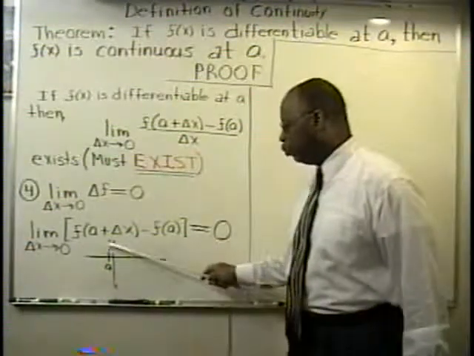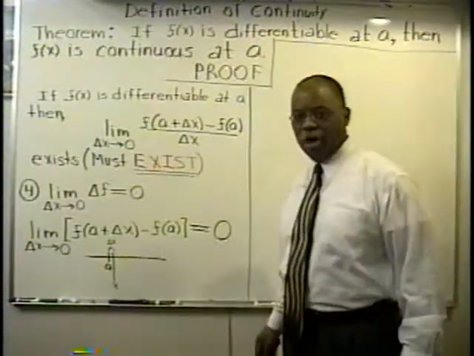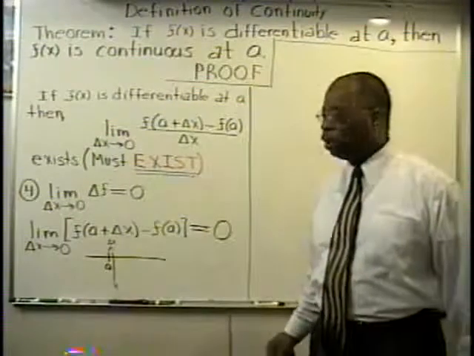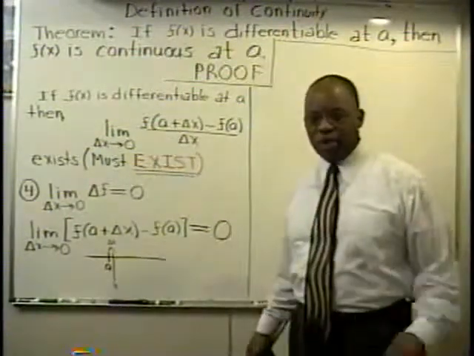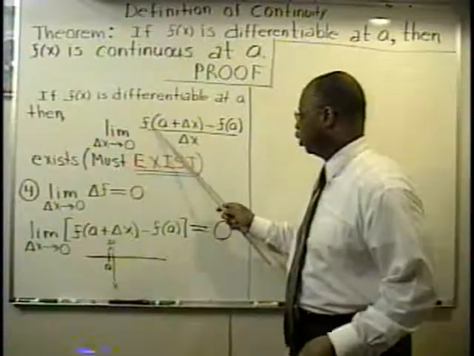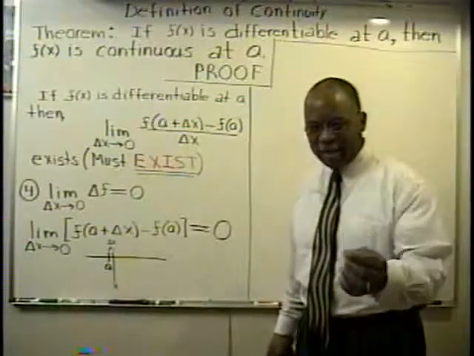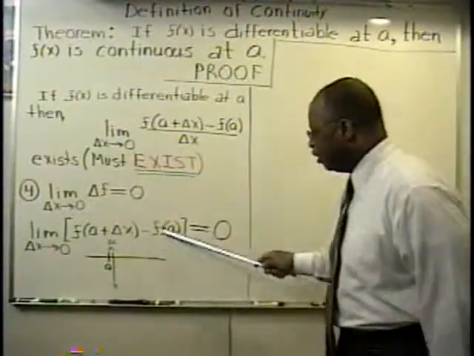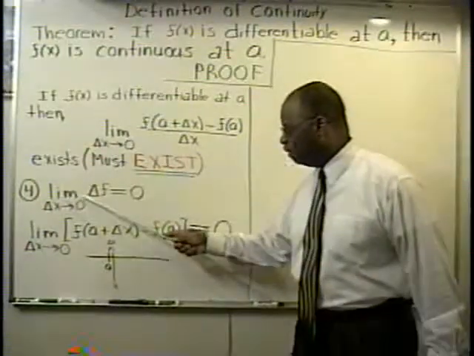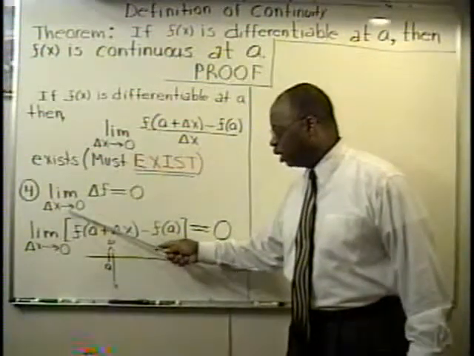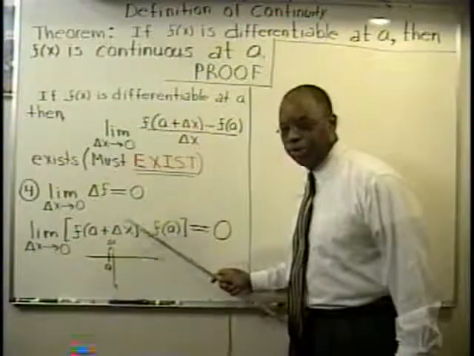So we're going to use the definition of continuity to prove that when a function is differentiable by this expression, it is continuous. And remember, by the definition, this says that the limit of delta f as delta x approaches 0 is equal to 0.